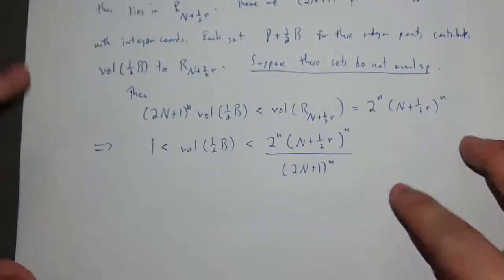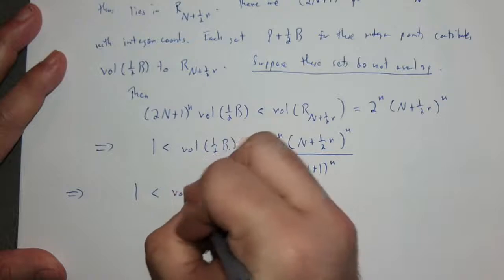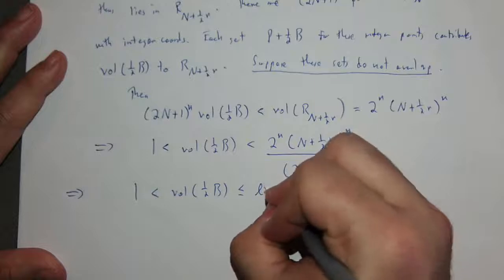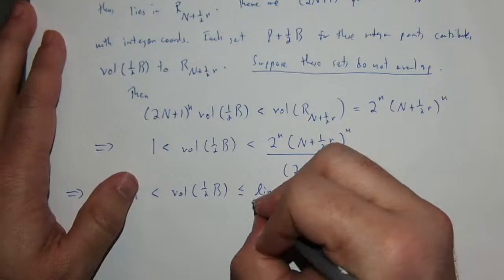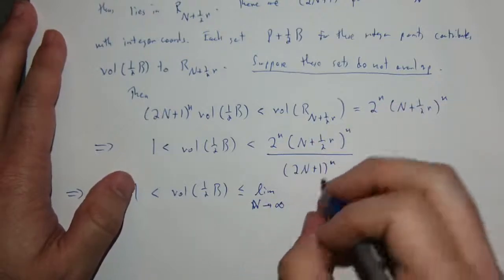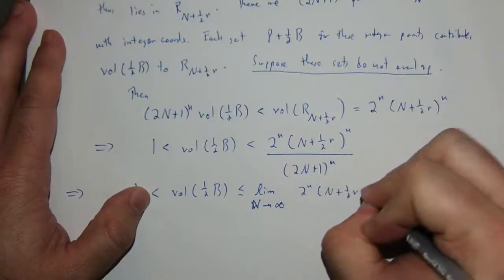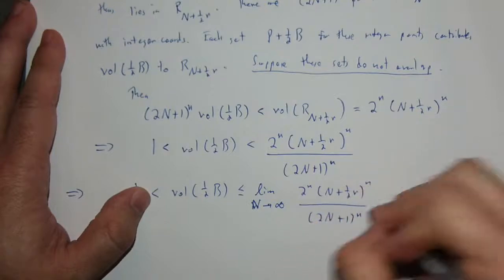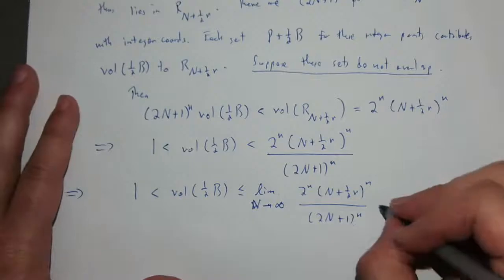Taking the limit, this means that 1 is less than the volume of 1/2 B, which is less than or equal to the limit as big N goes to infinity of 2 to the little n times (N plus 1/2 r) to the little n all over (2N+1) to the little n. But what is this limit? Well, this limit is 1.